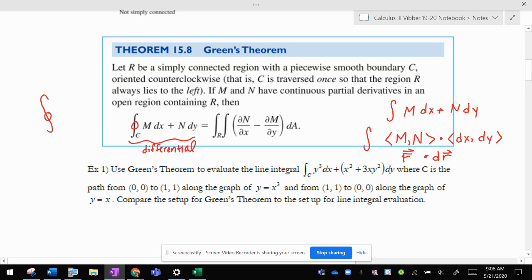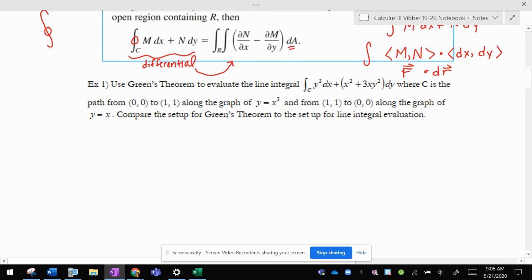If you are evaluating this integral on a closed path that's being traversed counterclockwise, instead of doing the line integral way of getting everything in terms of t, you can convert it into a double integral of ∂N/∂x minus ∂M/∂y, and then do either dy dx or dx dy to evaluate it.